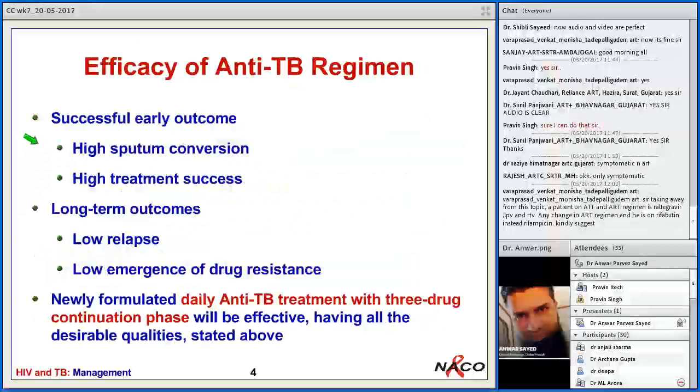So efficacy of TB treatment can depend on multiple things, in which one thing we can aim at is successful early outcome, successful long-term outcome, and newly formulated anti-TB medications. Early outcomes which tell us about efficacy of the anti-TB regimen are sputum conversion rate, that is from positive sputum to negative sputum, and high treatment success, that is the rate of cases defined as cured after completion of TB treatment.